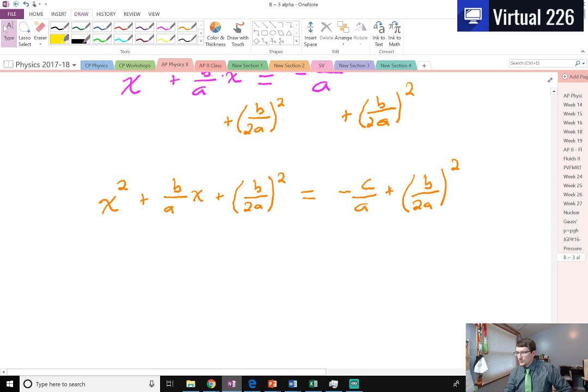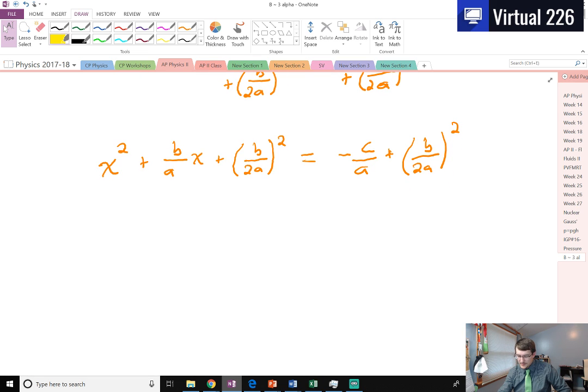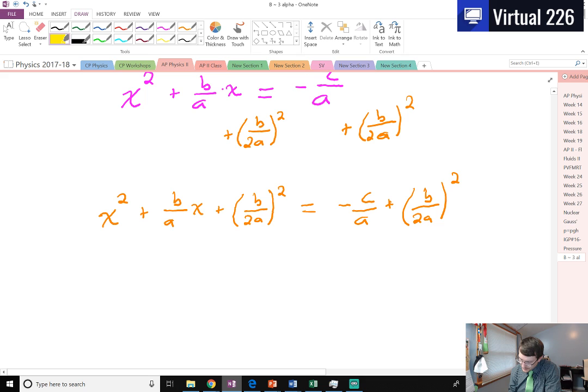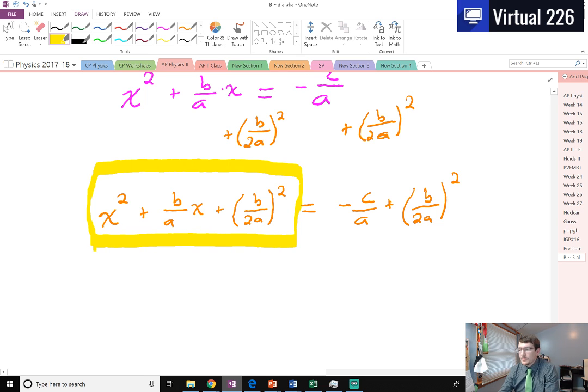Now, the reason why we're doing this is, if you saw this, you had that intuition inside of you, this right here becomes a perfect square. Okay? That becomes a perfect square.